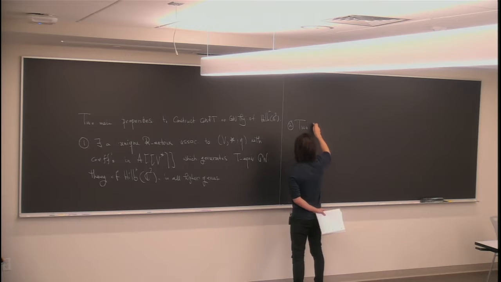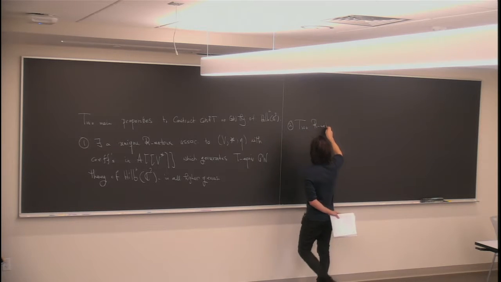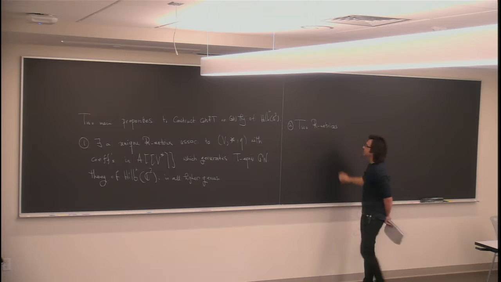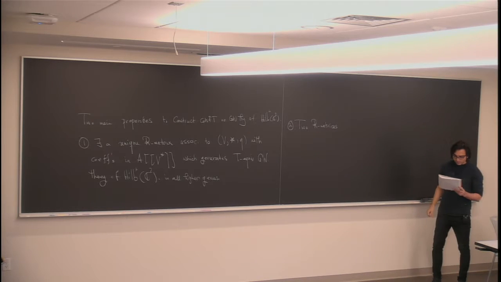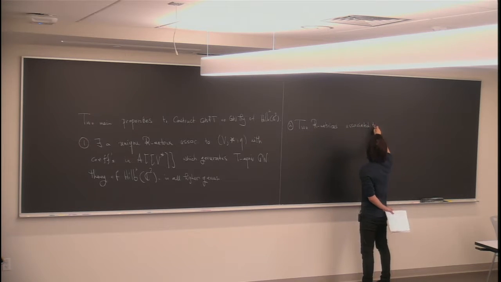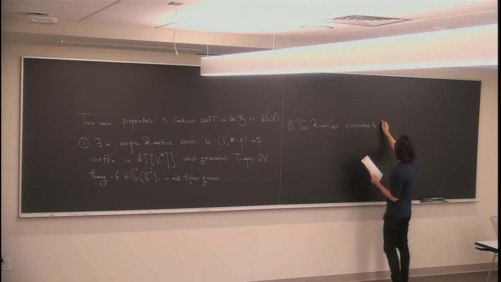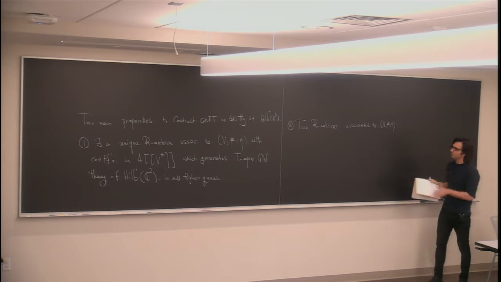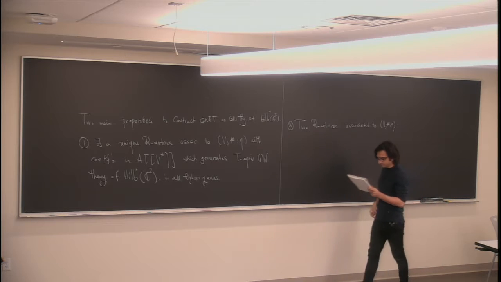two R matrices, this is something that you can investigate, but I'm not going to prove it. Two R matrices associated to this thing. Actually, yeah, I'm going to prove it. And this one I forgot. I'm going to prove it.